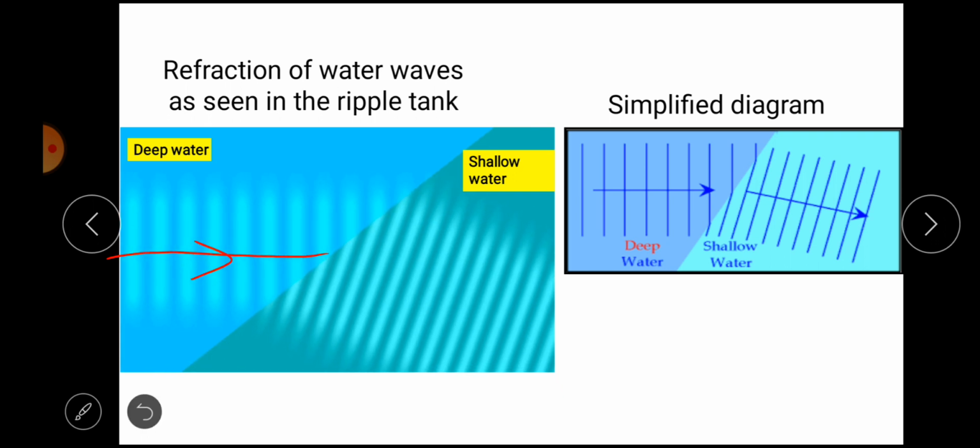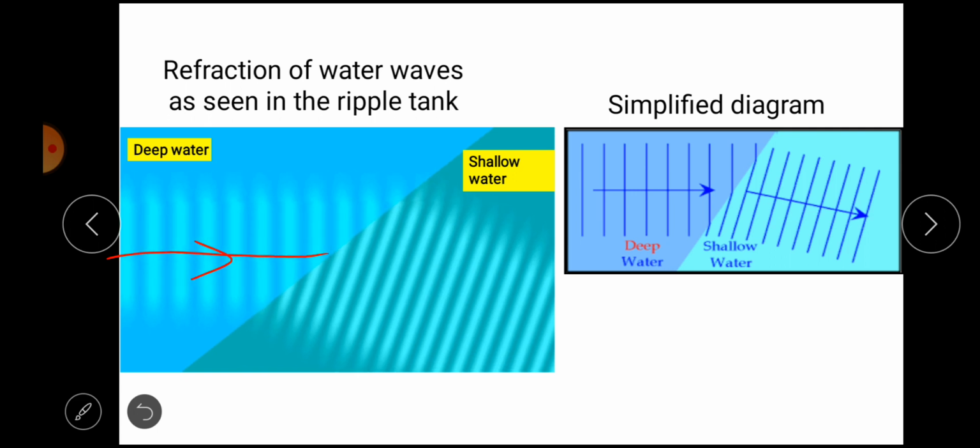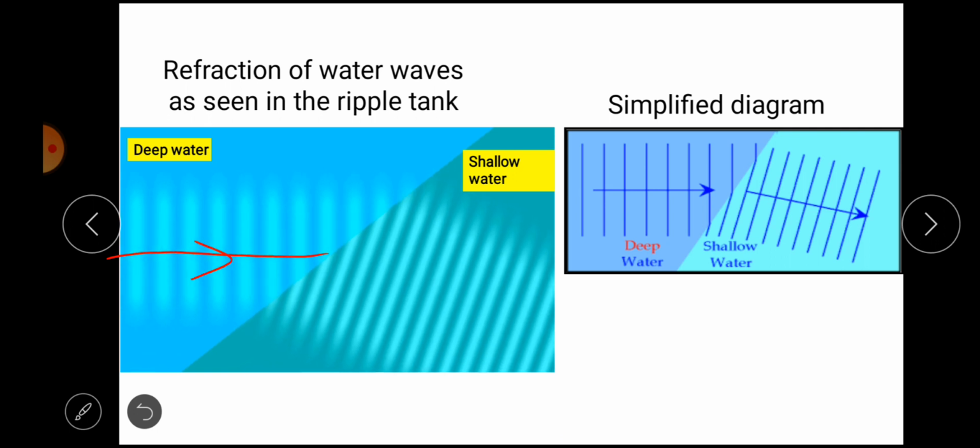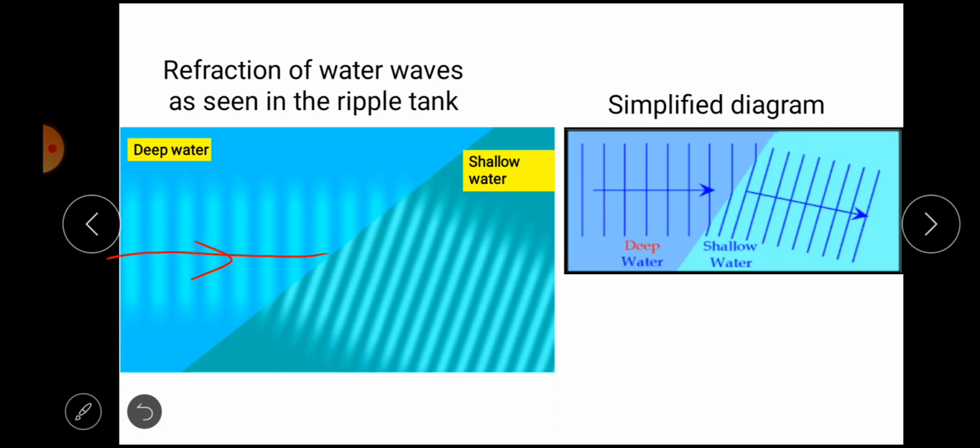Upon entering the shallow region, you can see that the speed of the wave is reduced. And also you should see that the wavelengths are small in this part. They are smaller here than in this region.